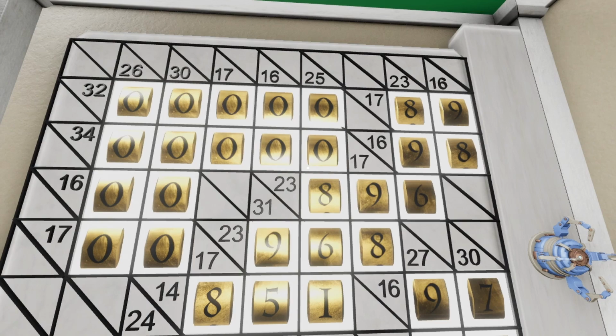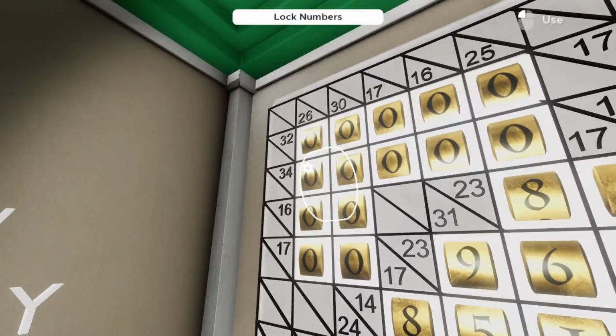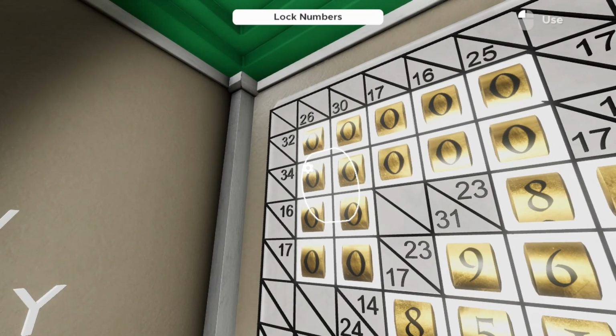So 17. If we take away 8, then this will equal 9. Oh my gosh. Let's put it over here. 6. A 9.